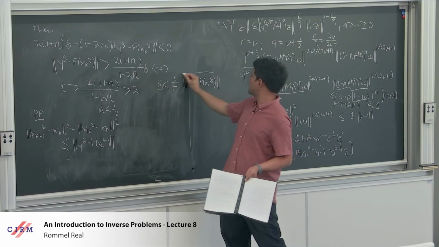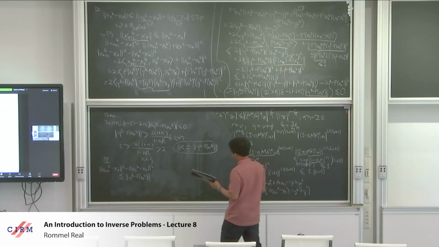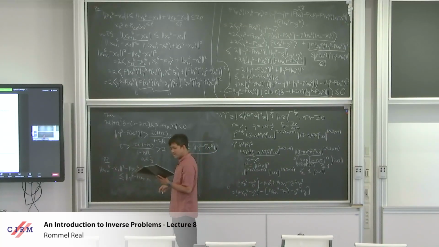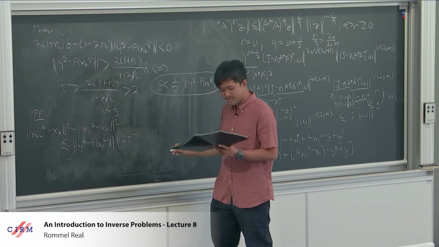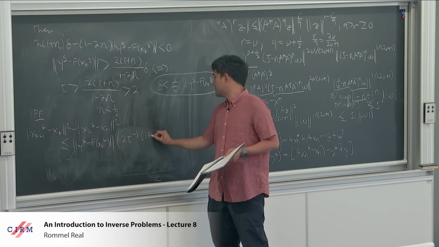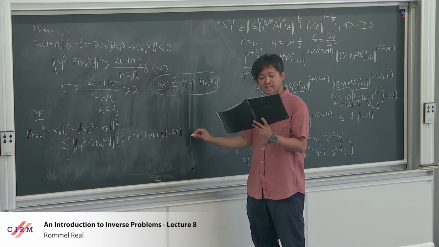So by using this one, we can bound delta there above by this one. So we'll have this one. So we're not squaring it yet. So 2 times tau inverse 1 plus eta minus 1 minus 2 eta times this one. Okay?